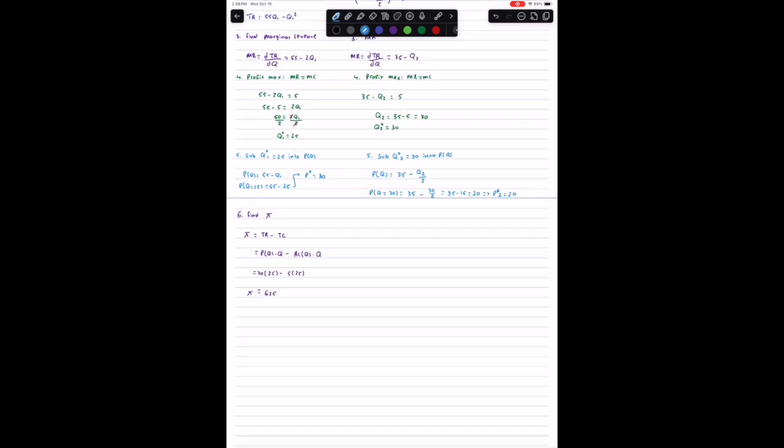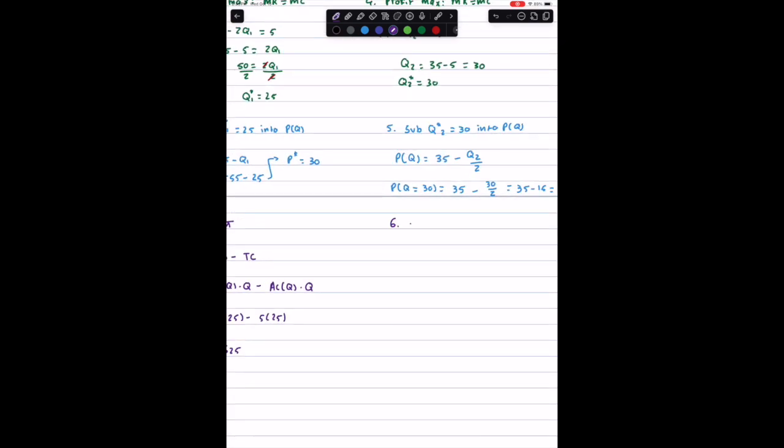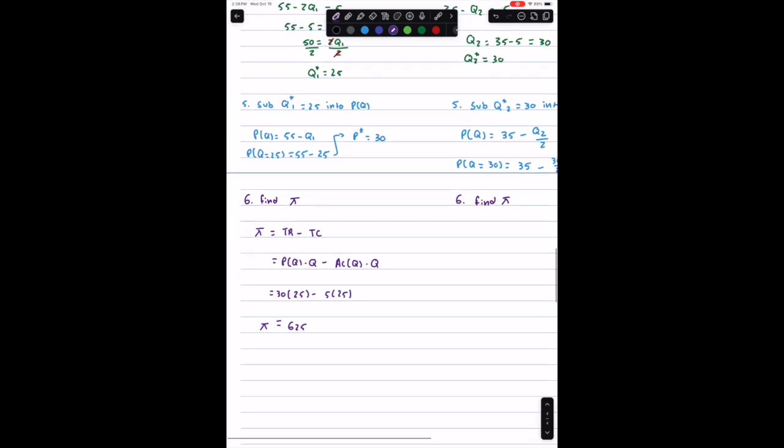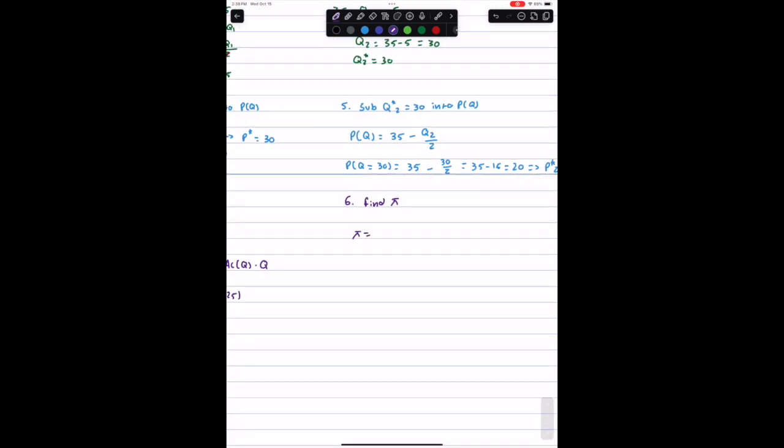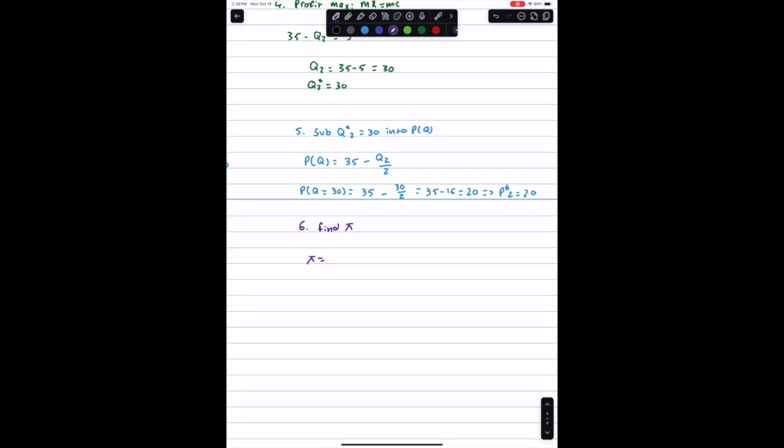Again, number 6, find profits for the second demand curve. So we know the profit is going to be equal to our price, which is 20, times however many we supply, which is 30, minus our average cost, which is 5 per unit, times however many units we produce, which is just going to be equal to 450, right?